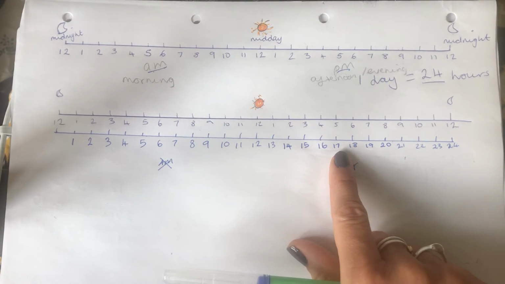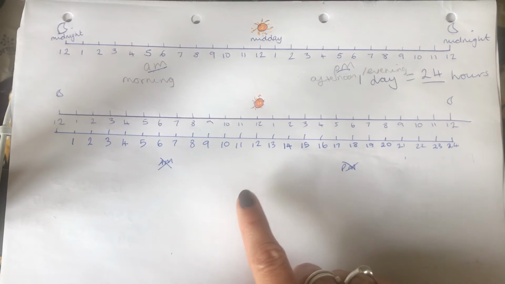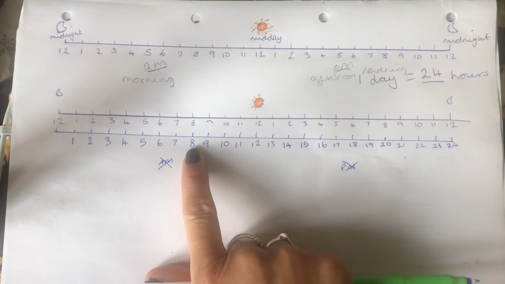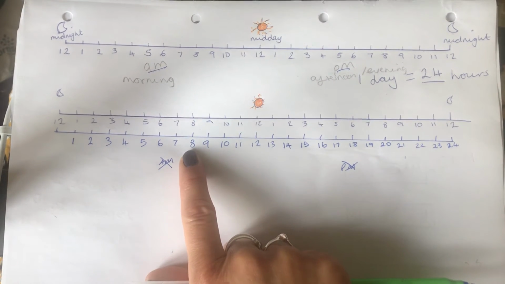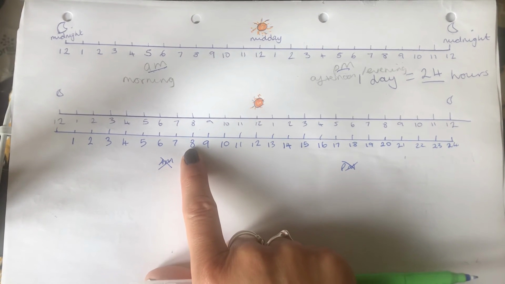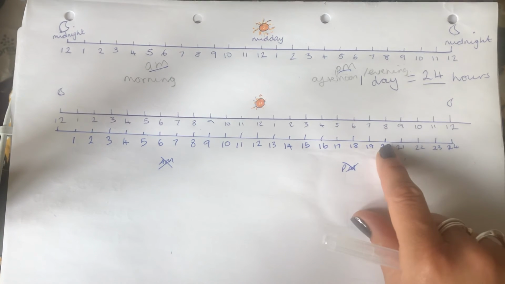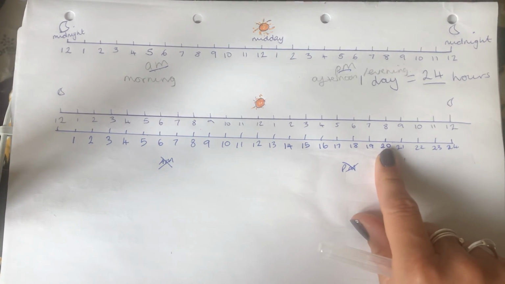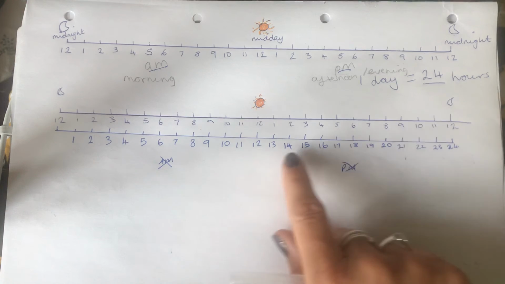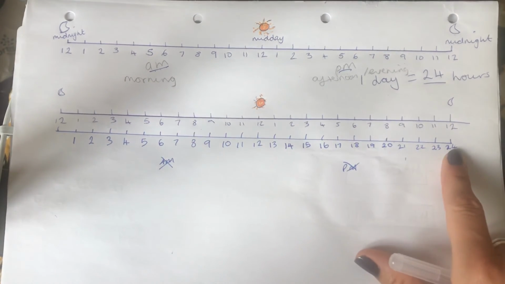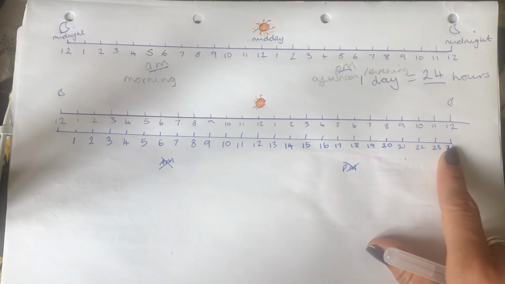Let's say you were going to have breakfast, and you weren't going to say AM, and you normally have breakfast at, let's say, 20 past 8 in the morning. You would say 8:20, wouldn't you? But if you were having dinner, and it was not going to be 8:20, but here's your 8, here's your 20, it might be 20:20. So you've just got to think about the hours in the day. It goes up to 24 hours. That's your 24-hour clock, so it's slightly different.